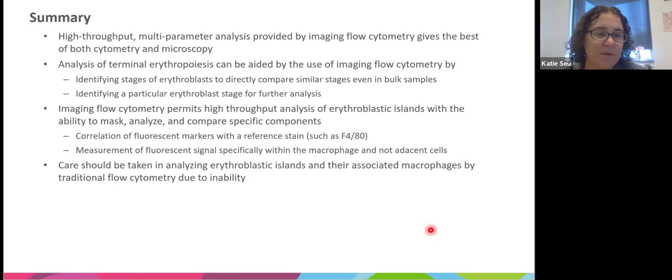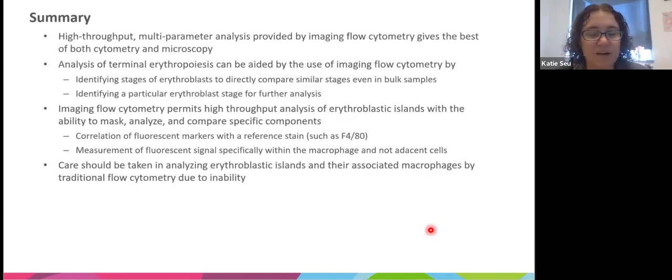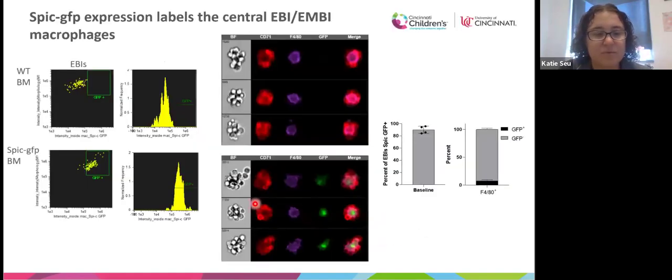Imaging flow cytometry also permits high throughput analysis of erythroblastic islands or other cell clusters that you might want to apply it to. And the best feature of this is not only just seeing it, but then your ability to create customized masks to analyze and compare just specific components. So I know I'm getting a little long, so I didn't spend a lot of time on the SPICE, but you can actually create masks to restrict the analysis just to within a certain area.